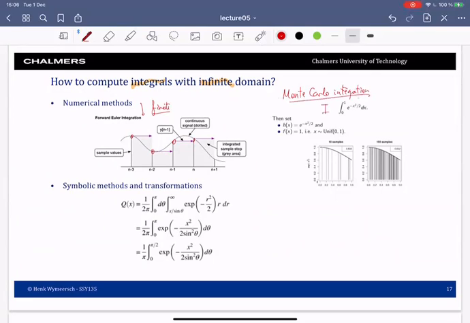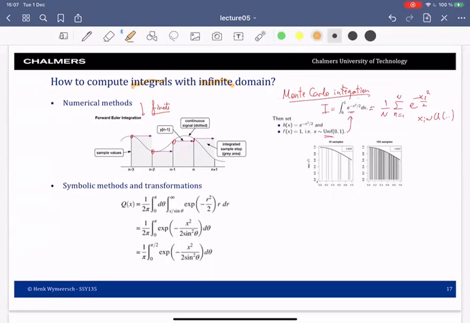Right, where you want to compute this integral here, I. And the way that you do this is you generate samples from a distribution and evaluate the function as 1 over the number of samples, sum n from 1 to N, e to the power minus xi squared over 2, where xi are samples from this uniform distribution. So that's a way to numerically evaluate this integral, but it really depends on the structure of what's under the integral that you can do this successfully.